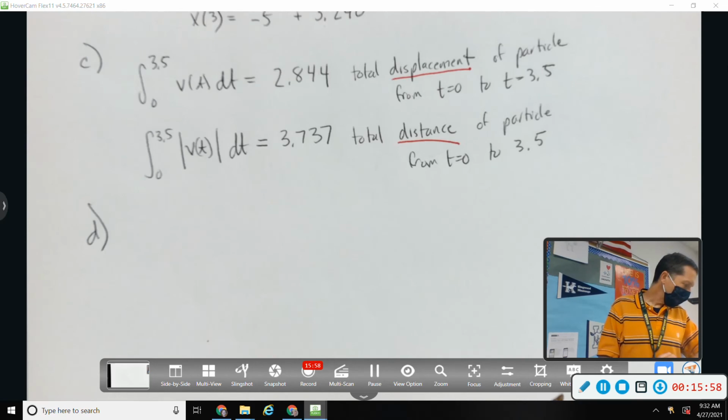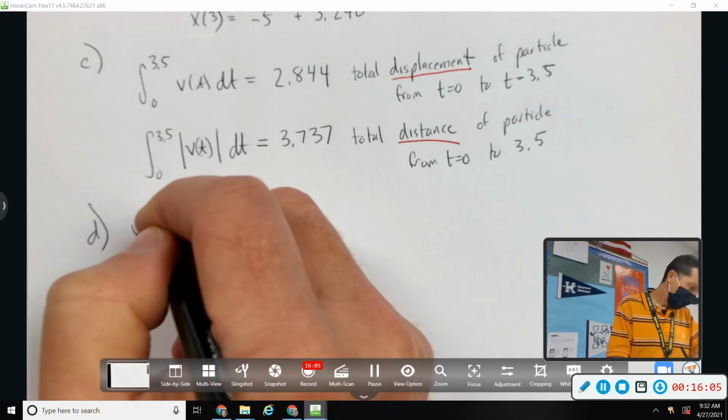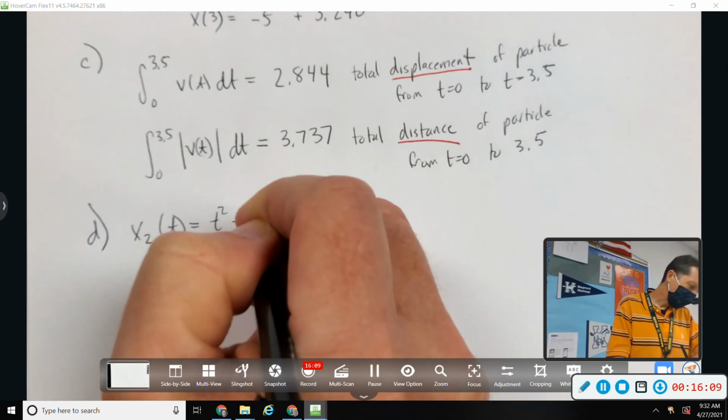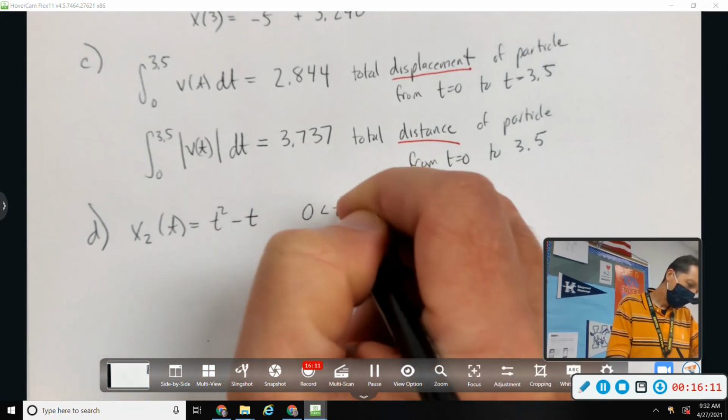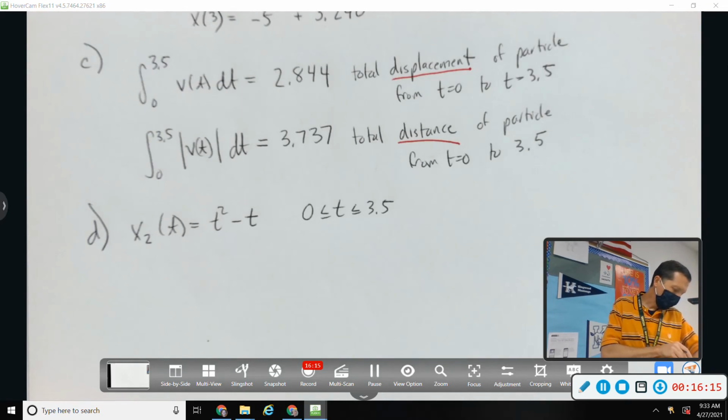Part D. A second particle moves along the x-axis with position given by x2 of t equals t squared minus t, also from 0 to 3.5.